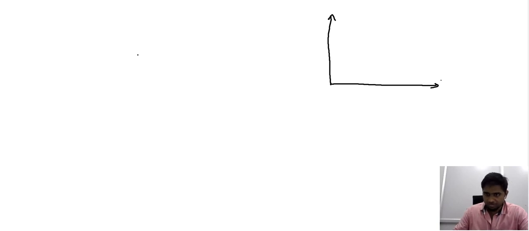So this representation involves two critical components to describe any mechanical behavior or any behavior of any materials. It involves the mechanical condition that we impose along the y-axis and the response offered by the material along the x-axis. This response can be elongation or it can be strain, and along the y-axis we have this mechanical condition that we impose. It can be load or it can be stress.